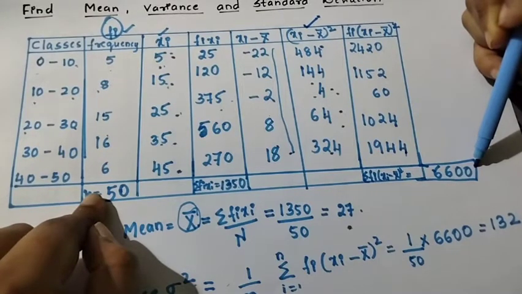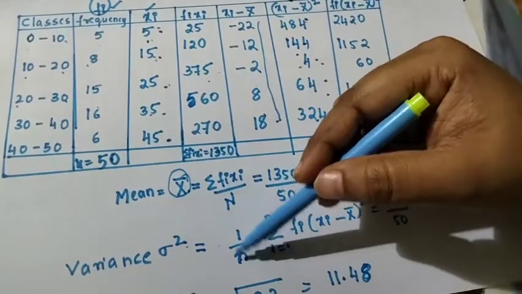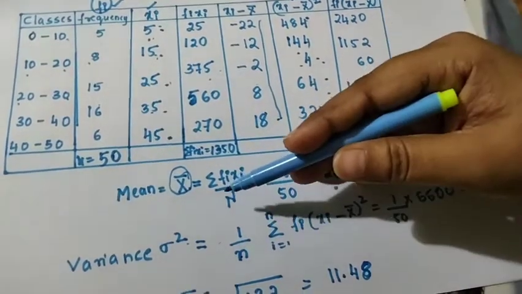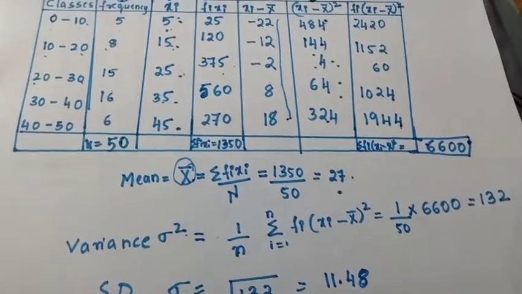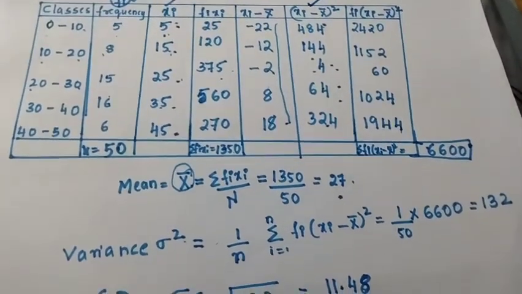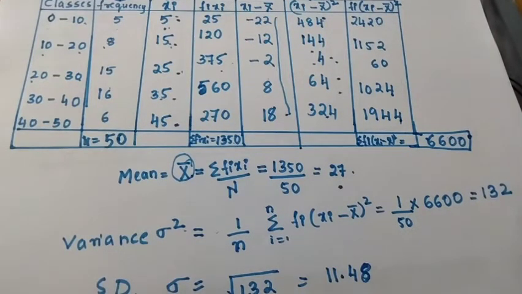You will get 6,600. Then 6,600 divided by n gives the variance value. If you take the square root of that variance value, you get the standard deviation. So this is one method to find mean, variance and standard deviation. If the question asks you to find mean, variance and standard deviation, you can use this formula.